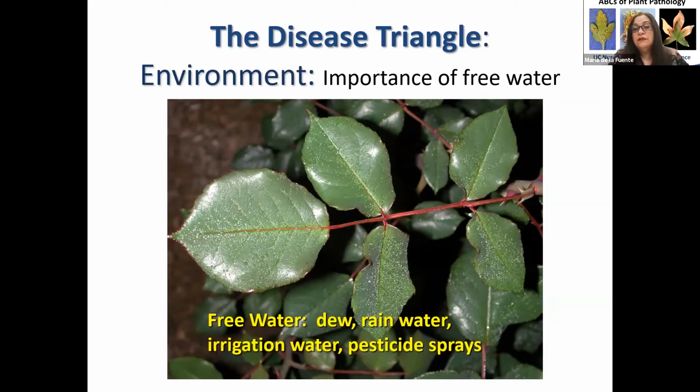It's usually provoked by changes in temperature. The relative humidity makes sure that at night, when it cools down, the water condenses and appears as dew. Or you have it outside with rainwater, irrigation water, or even pesticide sprays. Usually water is the vehicle for distribution.